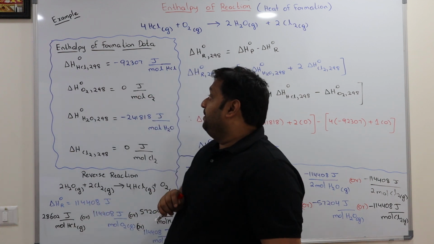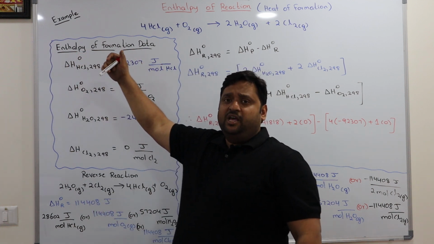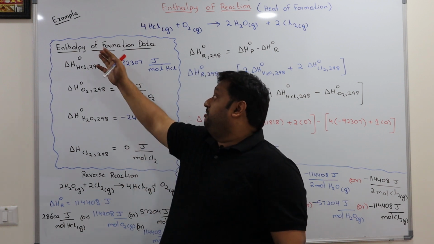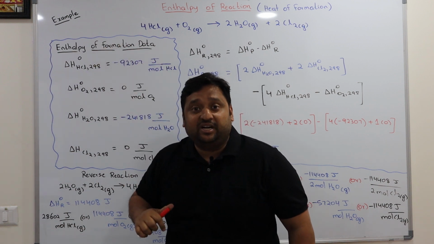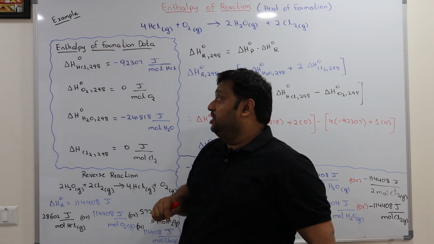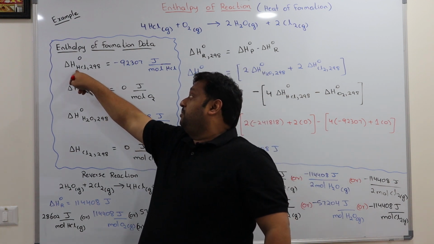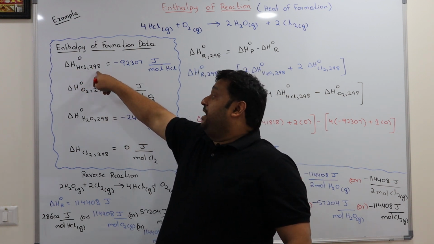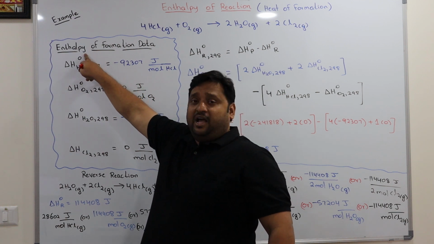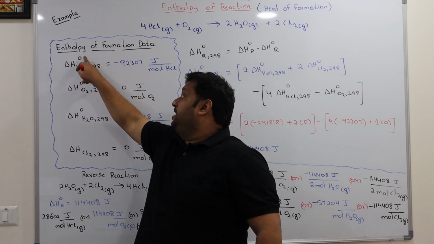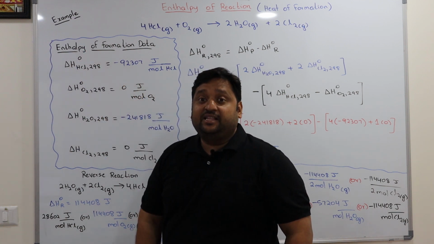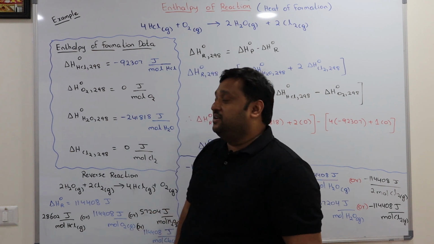If you refer to any books, you are going to find the enthalpy of formation data for many compounds. For example, the enthalpy of formation of HCl at 298 Kelvin at 1 bar. I told you this symbol representing the pressure is always 1 bar.